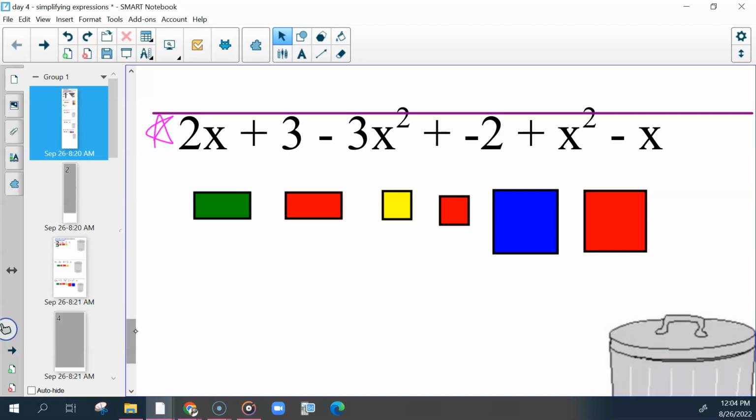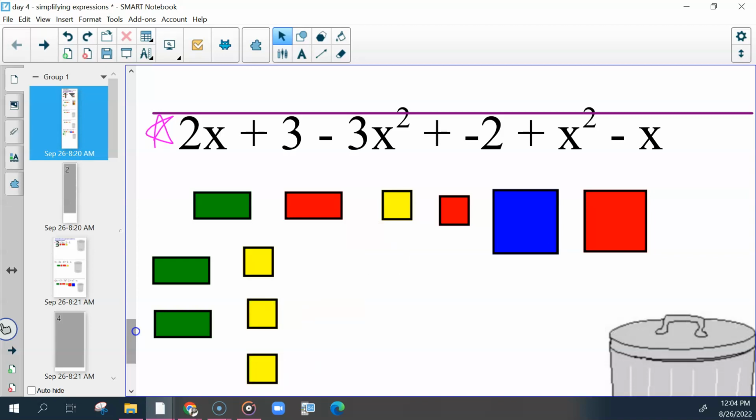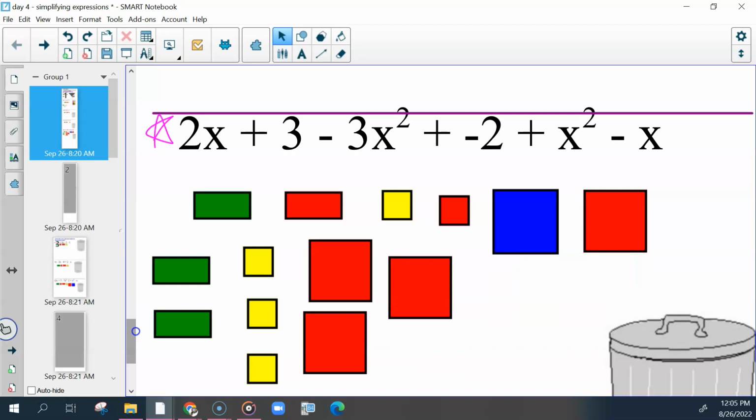Lily. 2 positive. 3. Ima. 3 yellow ones. Negative 3x. 3 negative x. There we go. 3 of the negative x squareds. Negative 2.